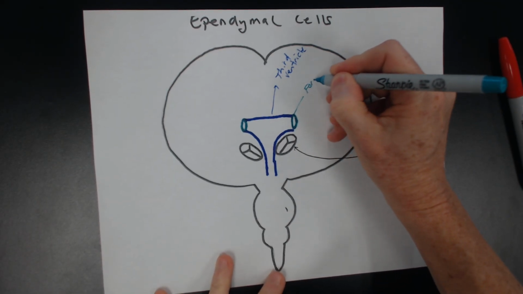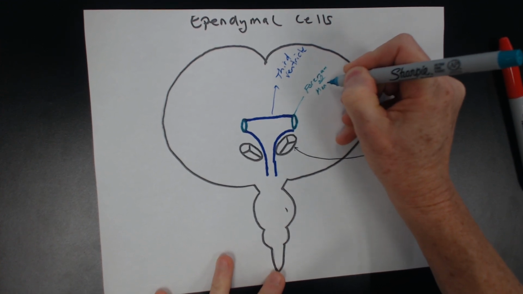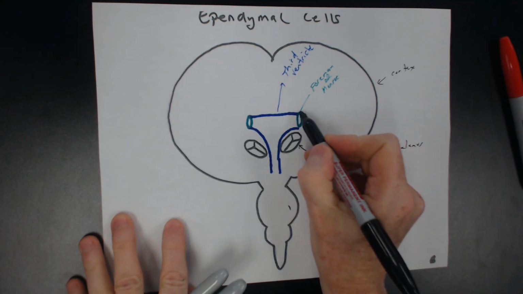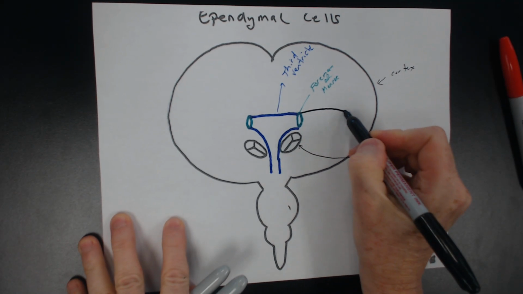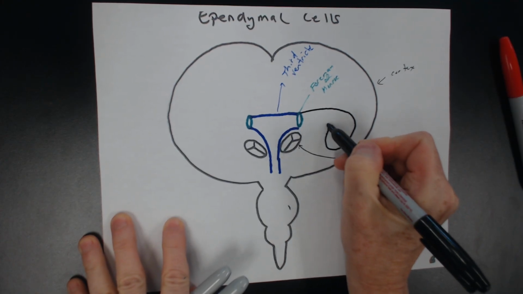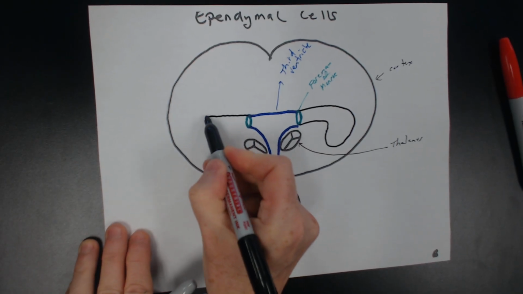It's going to be the opening, or canal, between the third ventricle and your lateral ventricles. Remember from the front view, your lateral ventricles are going to be like horns sticking out here on the side. The big old space filled with CSF. All right, so here's your two lateral ventricles here on the side.